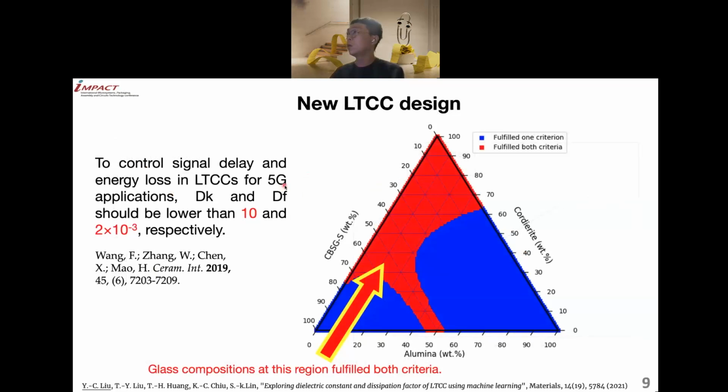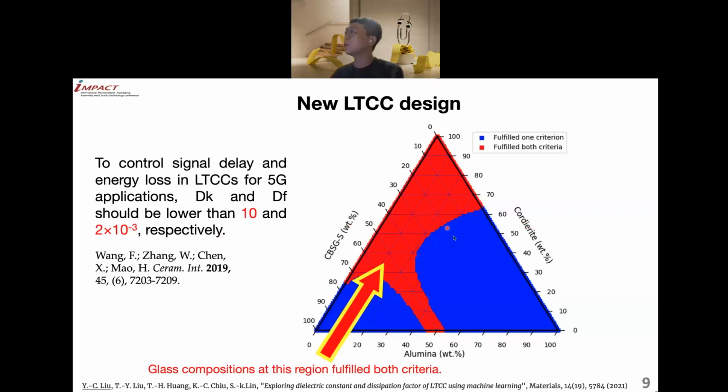In order to control the signal delay and the energy loss in the LTCC for 5G applications, which is our goal, by following this paper's guidance, we know that the DK and DF values should be lower than 10 and 2 times 10 to the minus 3 respectively. Using these criteria, we plot this property contour plot with respect to 3 different glass compositions.